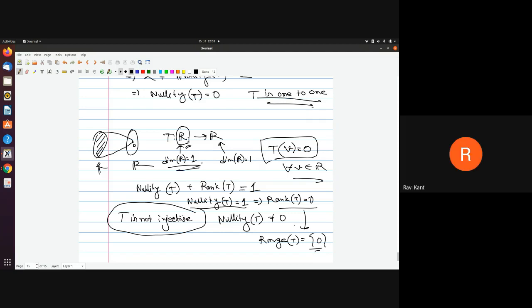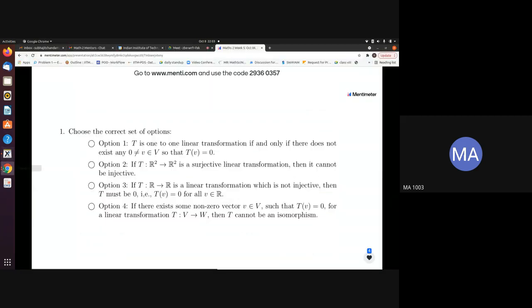So it's not injective, and not injective was given in the question. Then what follows? T v equals 0 for all v. T must be the 0 transformation. Clear? You tell me, is it correct or not?